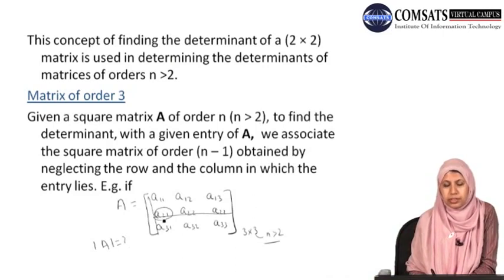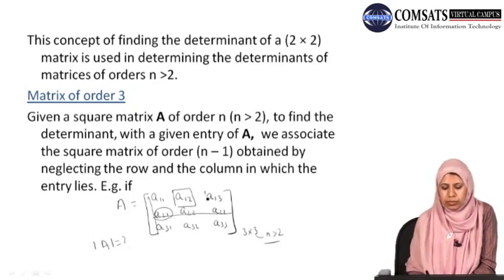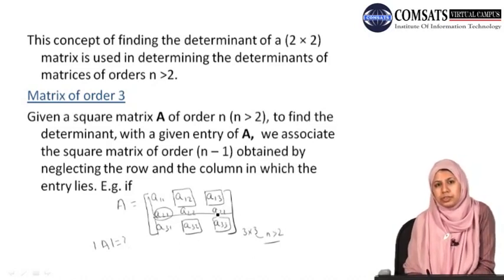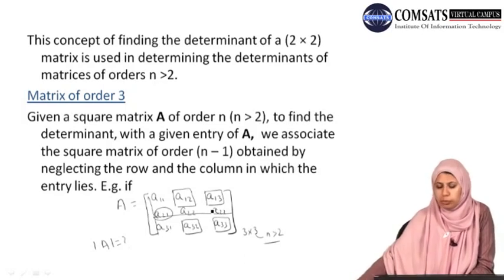Here the row is the second row, so we will ignore this row, and ignoring the column in which the entry occurs. Here the column is the first column, so we will ignore the first column, and we are left with 4 entries, A12, A13, A32 and A33, and these entries will give us a square matrix of order 2 by 2.